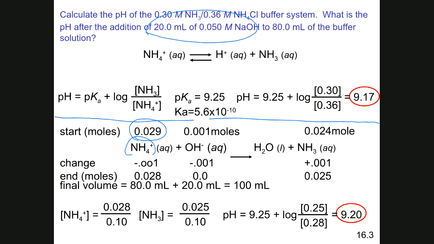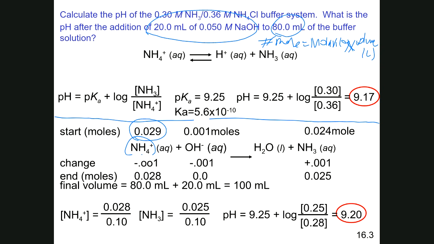You have the volume, and number of moles equals molarity times volume in liters. So if you have the molarity times the volume in liters, you can find the number of moles of NH4 plus to begin with.